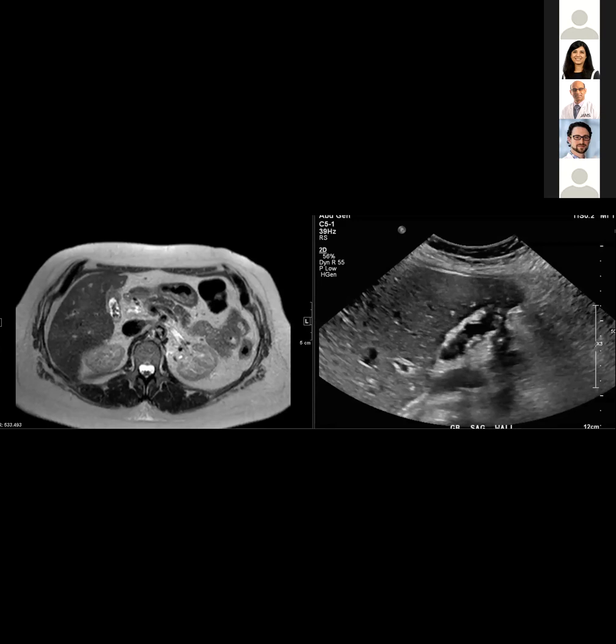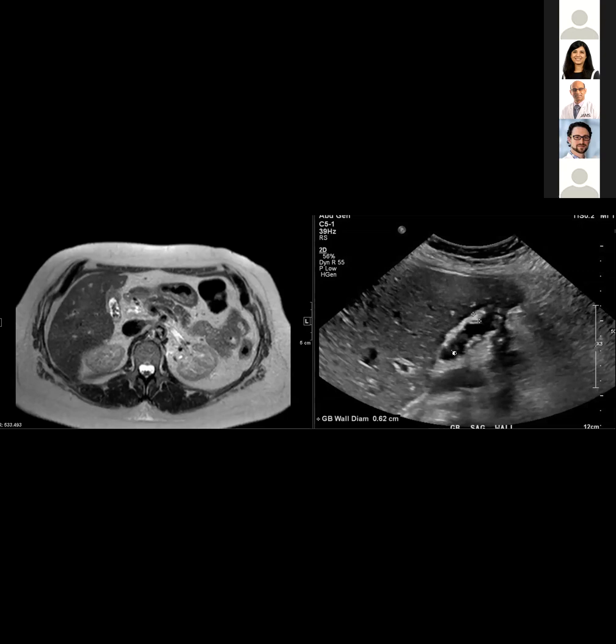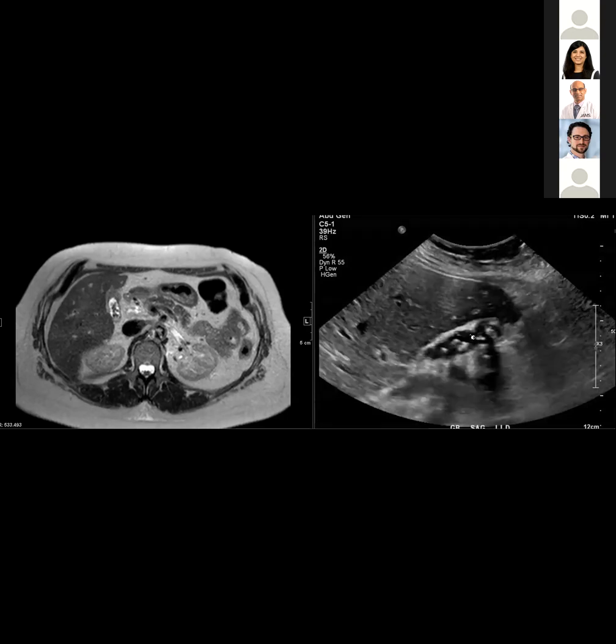All right. So the next patient is a missed difficult call category. This was an older woman. She had chronic pain. She had an ultrasound. You can see that she has a thickened wall and a lot of stones.